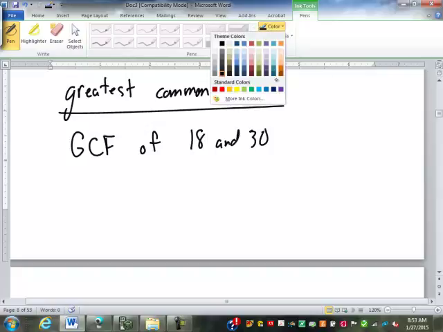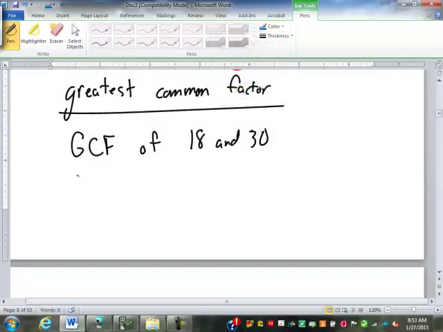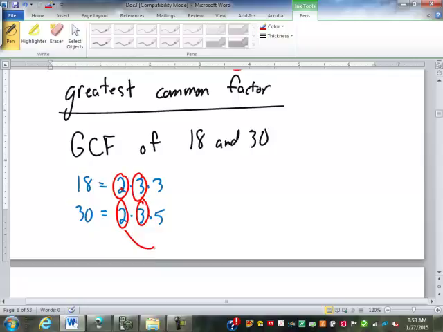Now, factors divide into numbers, so factors have to be smaller than the numbers. 18 we already factored is 2 times 3 times 3. 30 we already factored is 2 times 3 times 5. So the 2's are in common, the 3's are in common. Right? They both have a 2, they both have a 3. Yep. What's 2 times 3? 6. 6 is the greatest common factor.